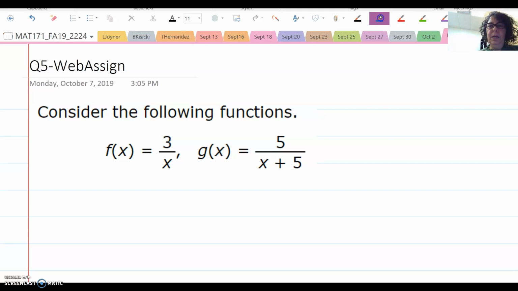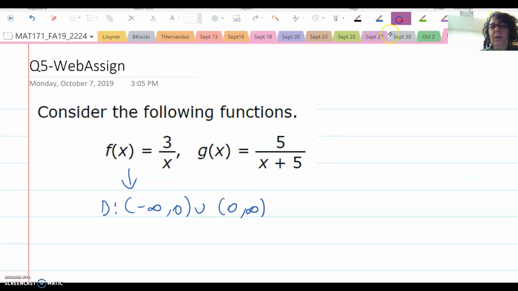So rather than speaking a lot, let's look at the domain of f of x here. That is negative infinity to 0 union 0 to infinity. All right, so the domain of g of x here, that is negative infinity to negative 5 union negative 5 to infinity.